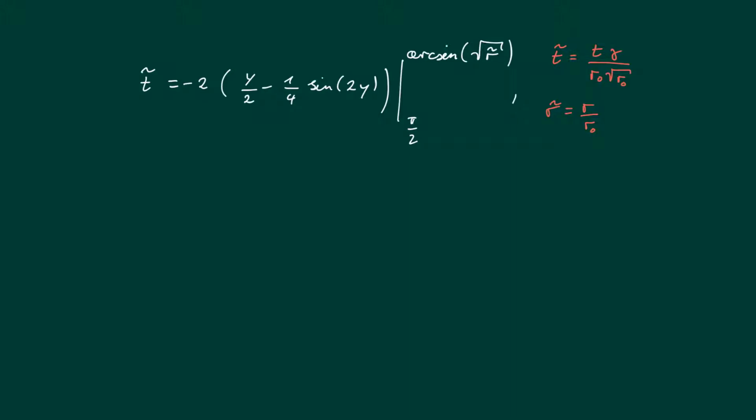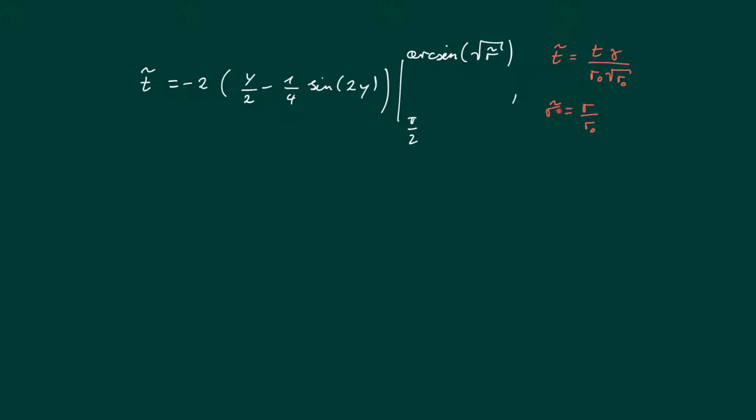Okay, let's recall what we have. On the left hand side we have the rescaled time, so t tilde was the time times gamma. Gamma was square root of 2 times the gravitational constant times the sum of the two masses divided by the initial distance times square root of the initial distance.